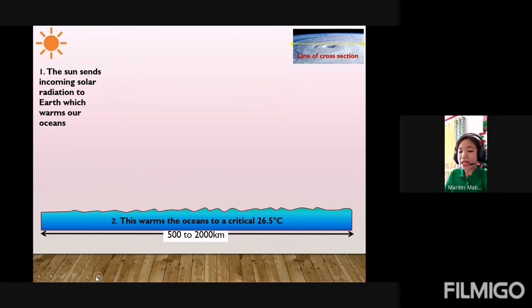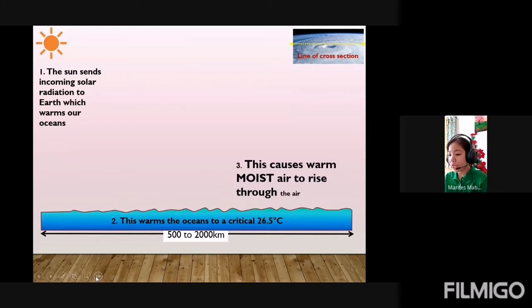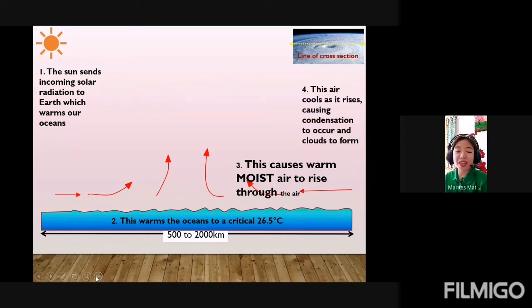Second, so as the sun sends incoming solar radiation to the Earth, this will warm the oceans to a critical temperature, which is equivalent to 26.5 degree Celsius and higher. Okay, so when this happens, this causes warm, moist air to rise through the air.